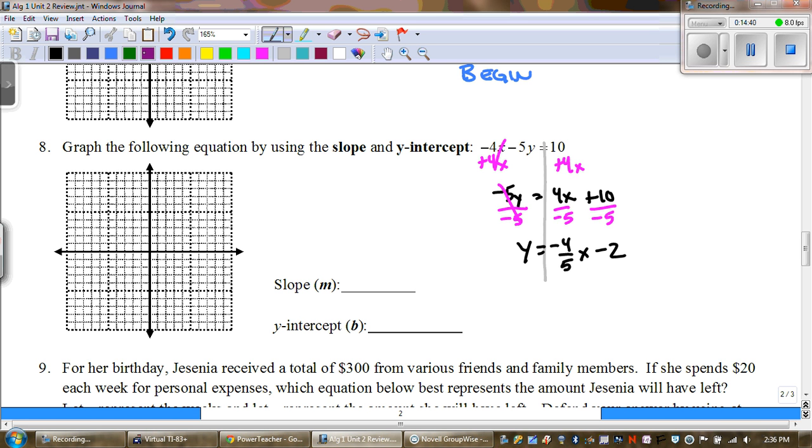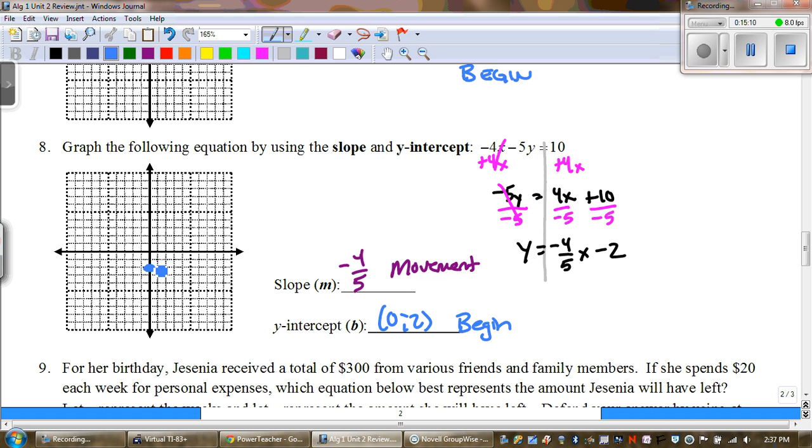And that information tells me my slope is -4 over 5. Oh, that's kind of hard to read, so I'll just rewrite it. So -4 over 5. And this is our movement. And then where I begin is 0, negative 2.